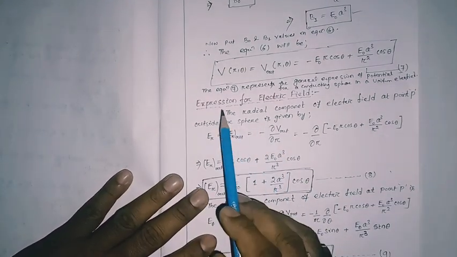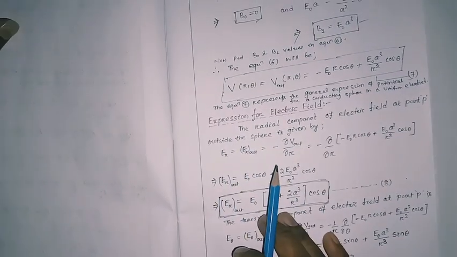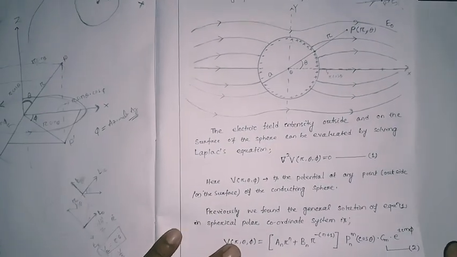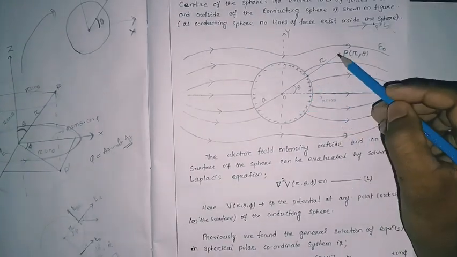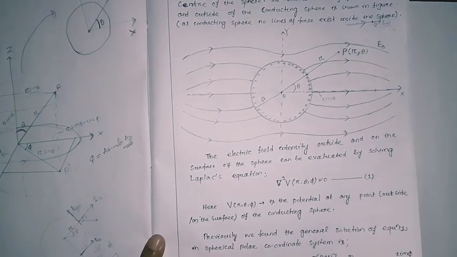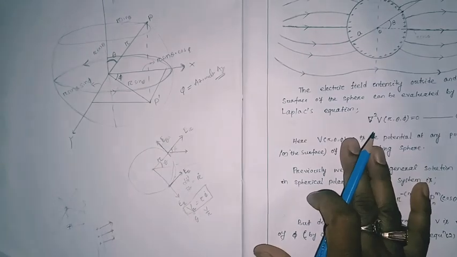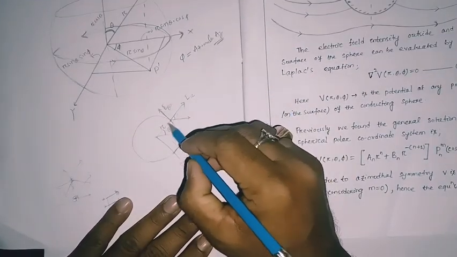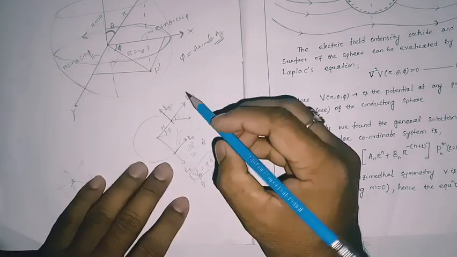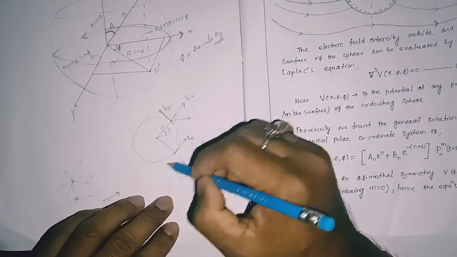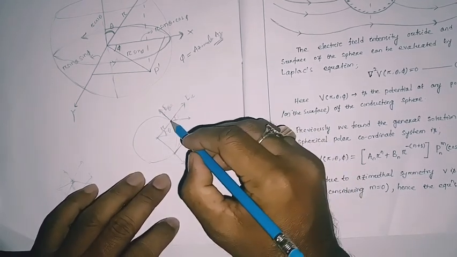So the electric field has two components. One is the radial component and another is the polar component. Here I am going to explain somewhat. This is your sphere, and this point is on the surface.